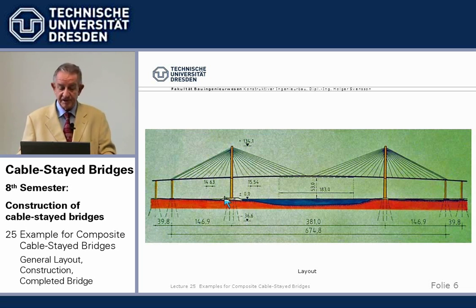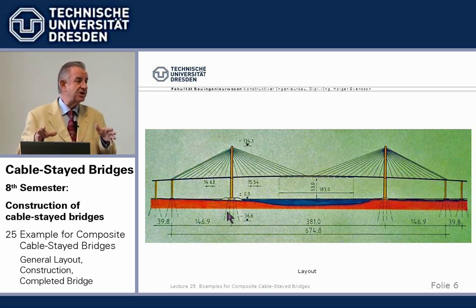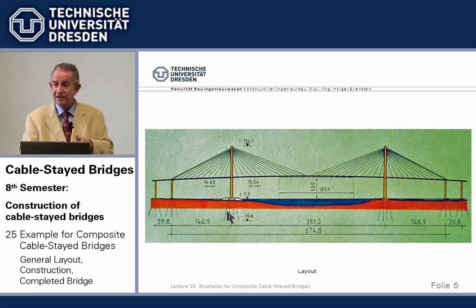And on the other side, in shallow water, we had a protective artificial island around the foundation. So again, if a ship would come into the direction near the tower, it would run into the artificial island.